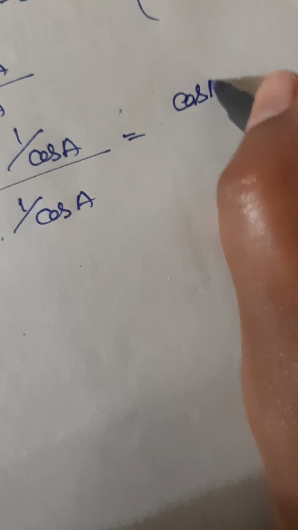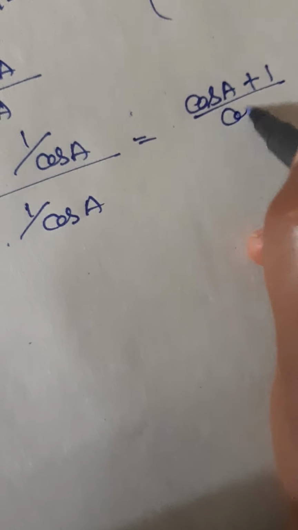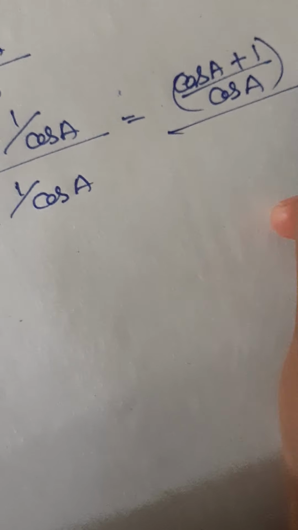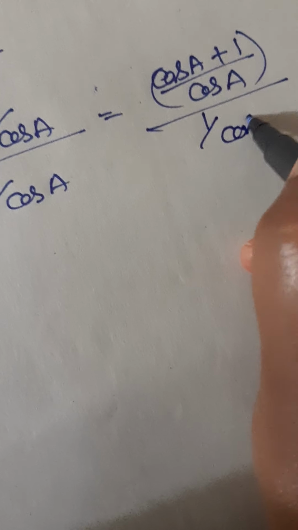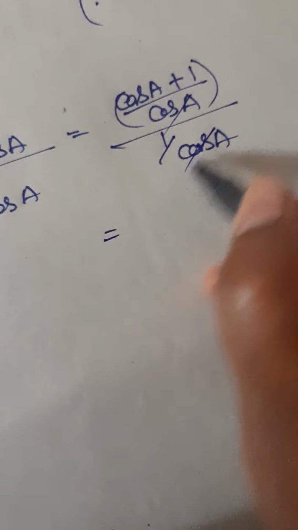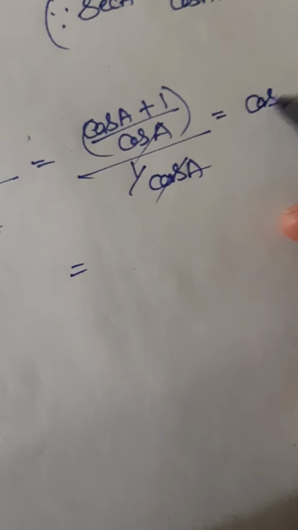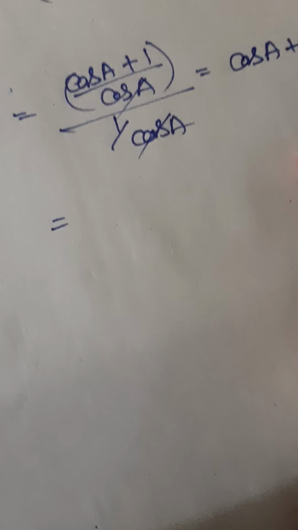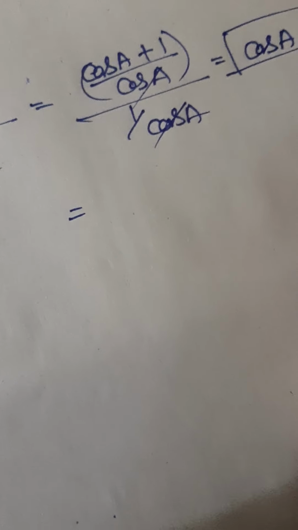So do the LCM. It will be (cos a plus 1) divided by cos a, and here 1 by cos a. Both cos a cancel, and it will be cos a plus 1. This is our LHS answer.